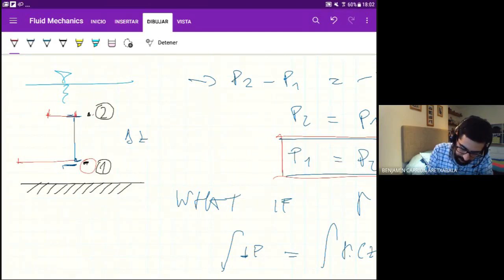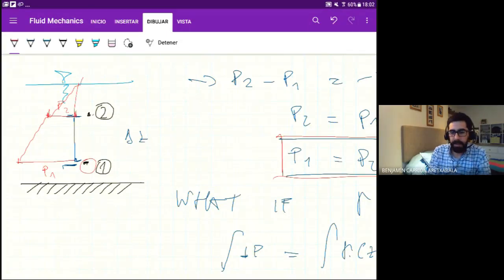This is P2 and this is P1, and these two change linearly. This is not very straight, but you get the idea. And actually this changes linearly all the way to the top, where the pressure here is 0, with respect to the atmosphere.